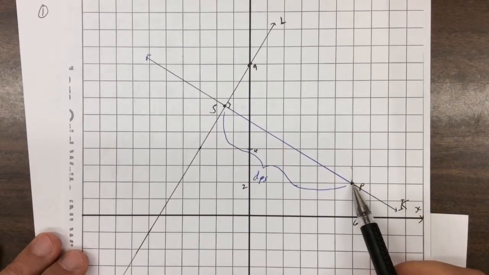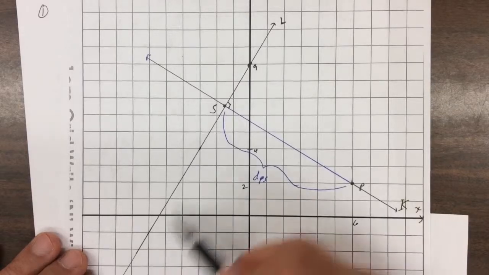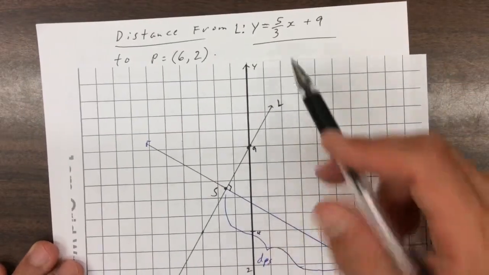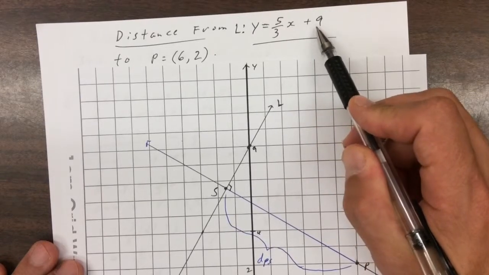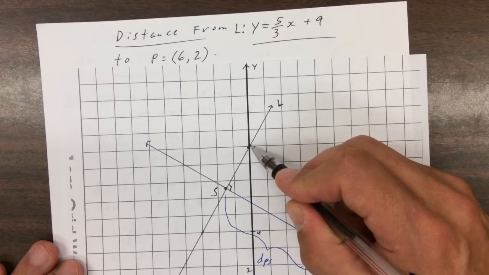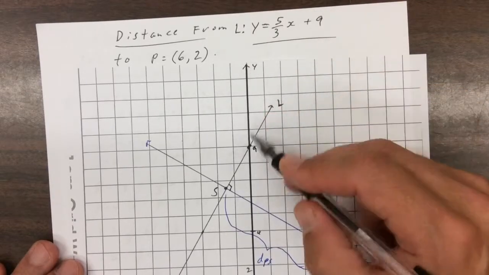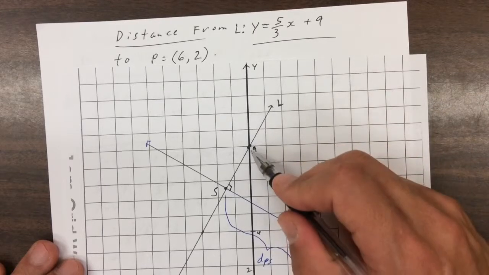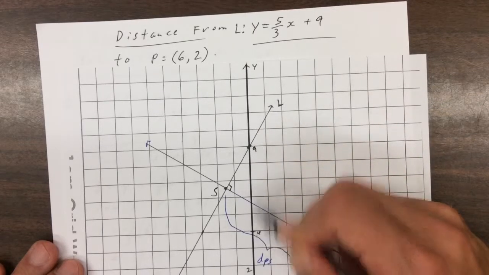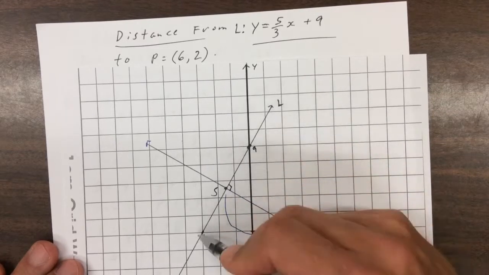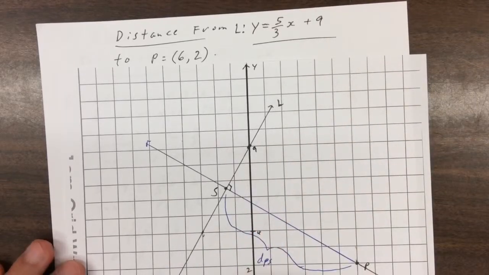And here is the line L. Line L was 5/3 x plus 9, so you start from 9 on the y-axis and go up 5 and over 3, but because that's maybe too much, I'm going to go down. I'm going down 5 from 9 to 4, and then back 3, and I get that point. Okay, I use those two points to graph my line.